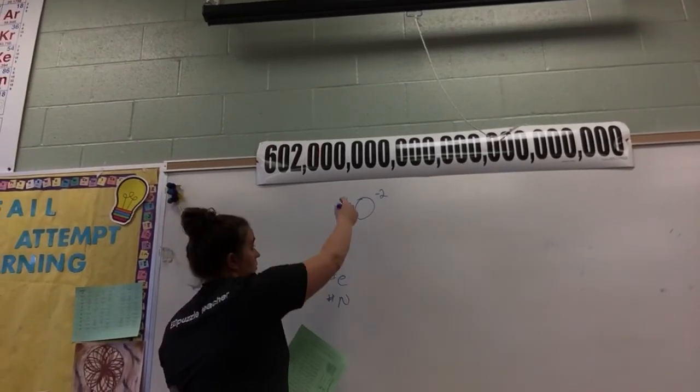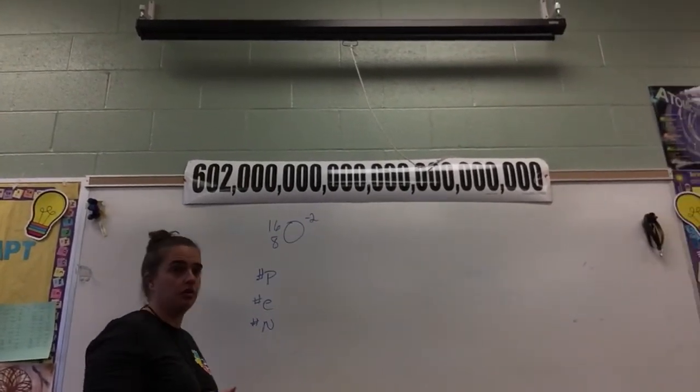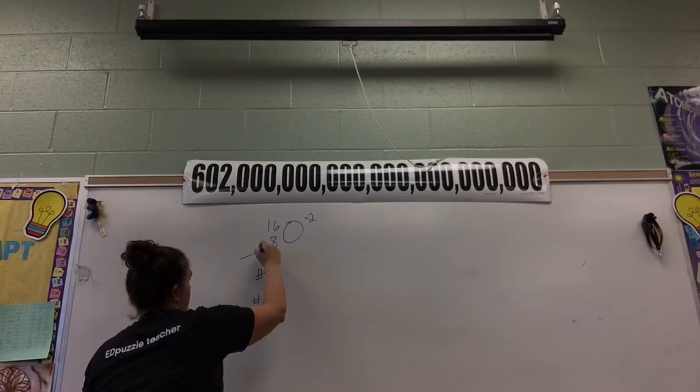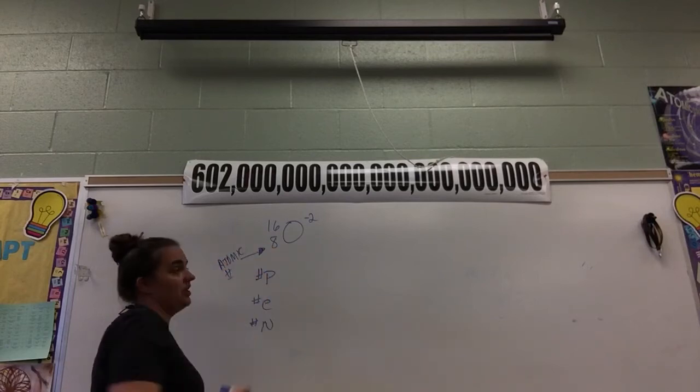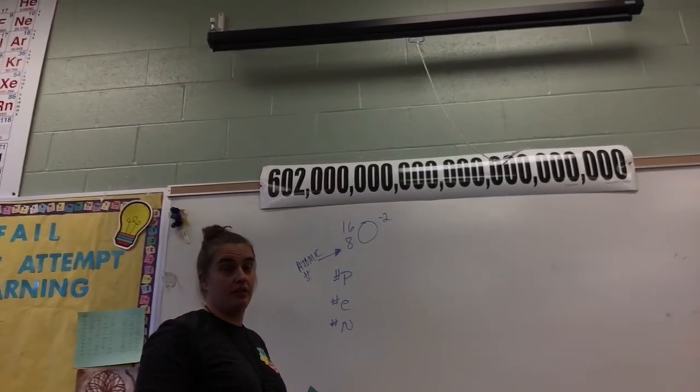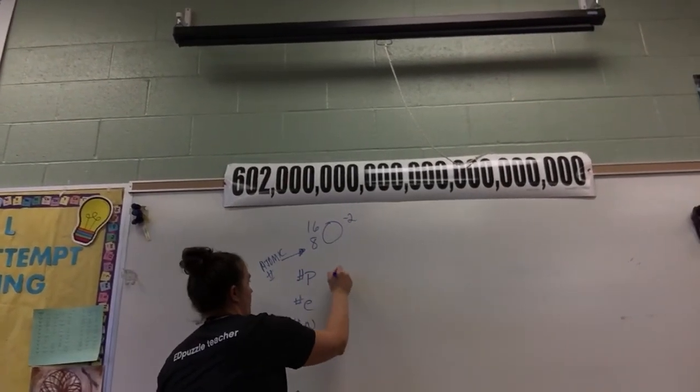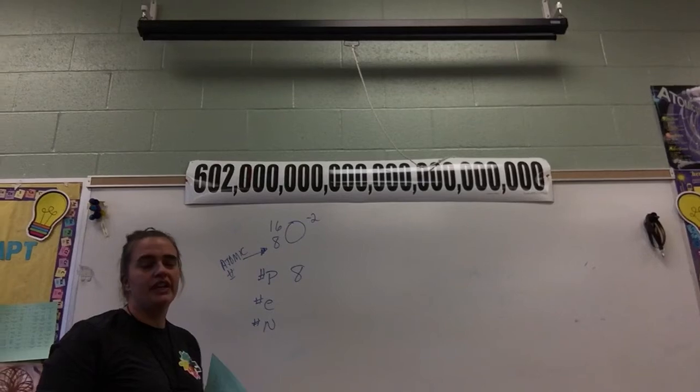Protons, notice how I wrote my nuclide symbol this way. This bottom number is my atomic number. And remember, my atomic number is equal to the number of protons. So boom, 8.